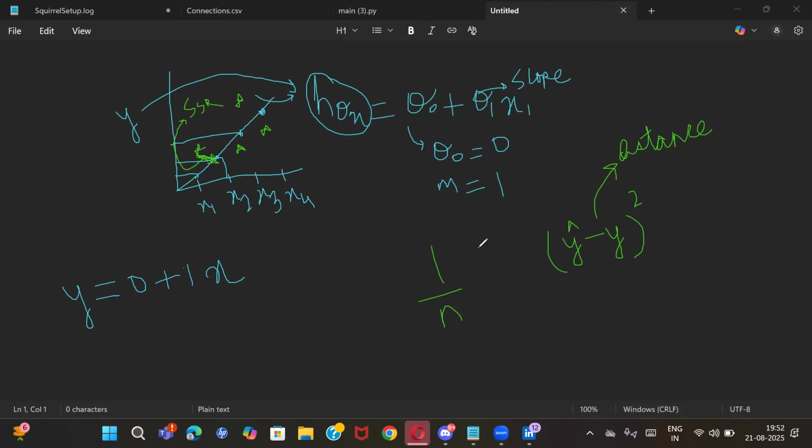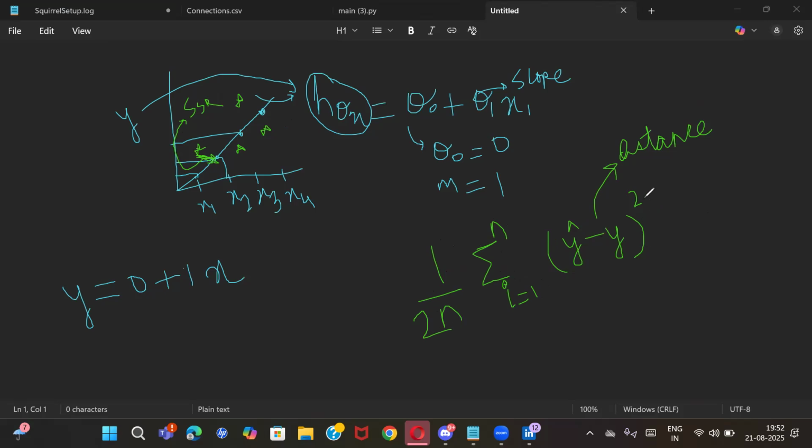And we will do the summation, where i is equal to 1 till n. And we are dividing it by 2.